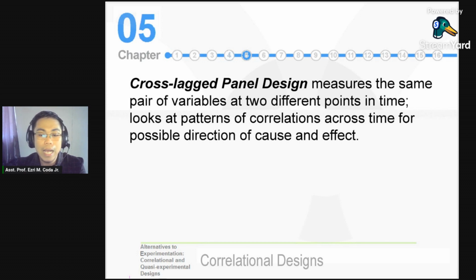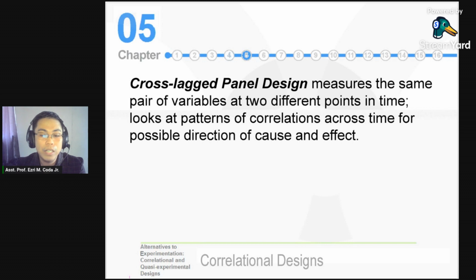So, bakit kailangan na two different points in time? Because it looks at patterns of correlations. Kung yung patterns ba ng variables na itinitest niya or mini-measure niya is nag-iiba over time. May changes ba over time? So, yung kanyang moderating variable dito is time.